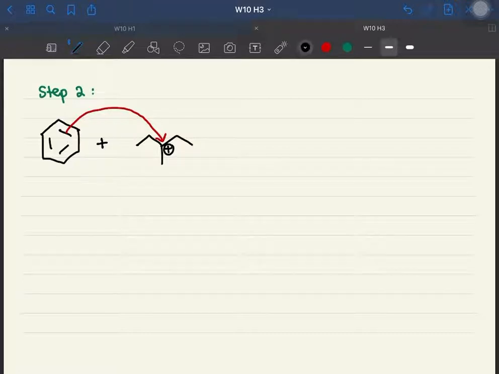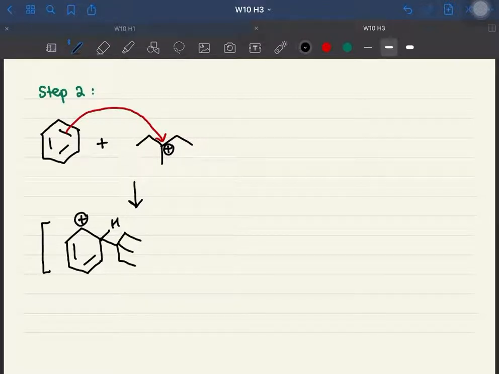Then we're going to form the resonance structure of this arenium ion. 1, 2, 3, 6. So we're going to have a carbocation in here, with H, 1, 2, 3, 4, 5, 6, like this. And then we have a resonance structure.